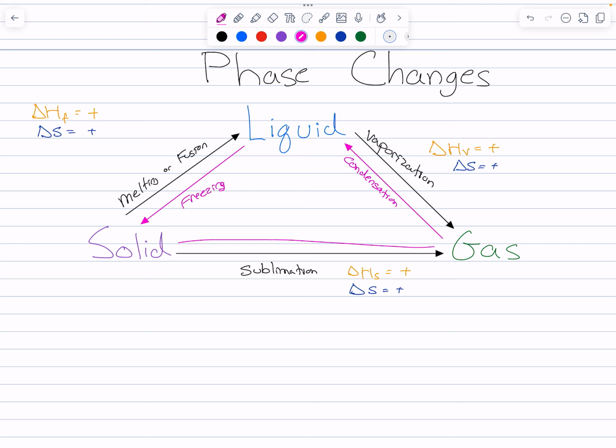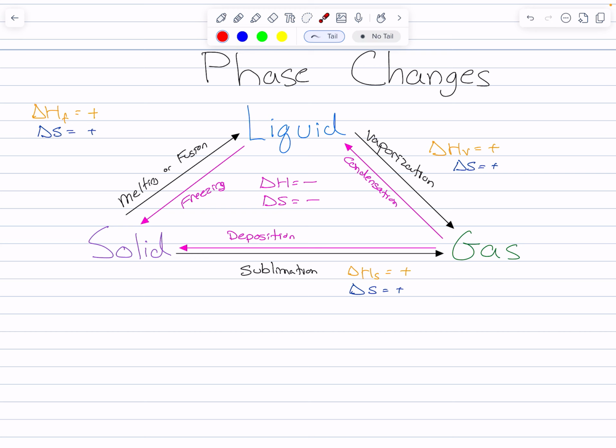And from a gas to a solid, we're going to call that deposition. So everything in pink, delta H is negative, and so is delta S. They're losing energy. So water, or any other compound, atom, or molecule, as it goes from a gas to a liquid, loses energy. Energy is released. And liquid to solid, same. From a gas to solid, energy is released, and it's becoming more ordered.